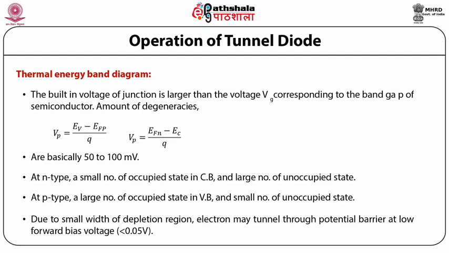Then after this, the current increases exponentially with V. So the IV curve over here is the result of two current components, that is the thermal current due to electron hole pairs and the tunnel current. After the valley voltage and the valley current, the thermal current comes into the picture.